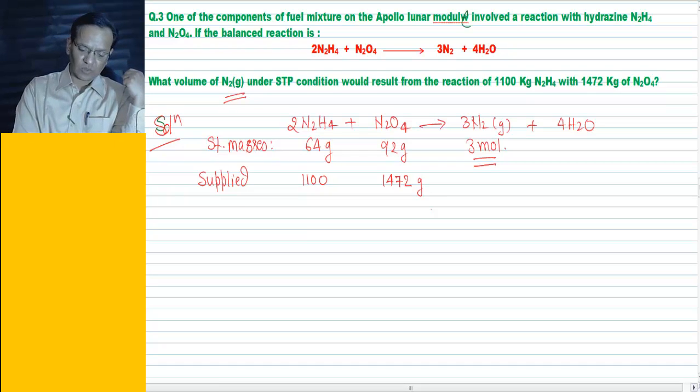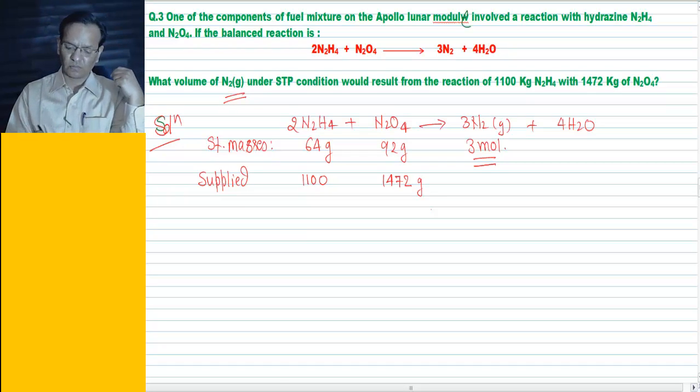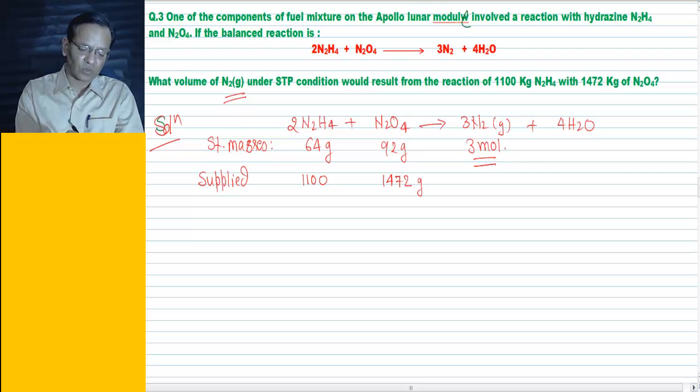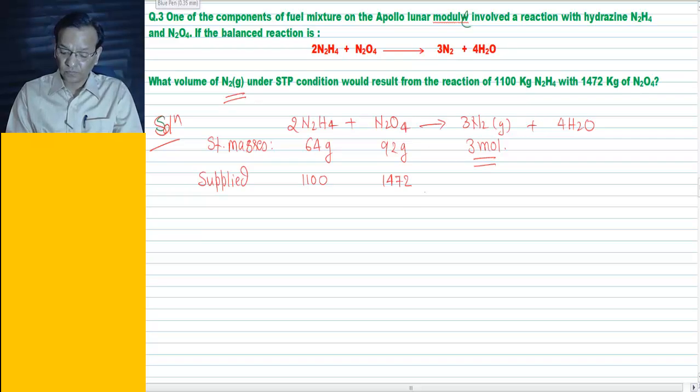It is now bigger, 1472 is bigger than 92, it is not gram, it is kilogram, so mass is too much now. So what can be done?